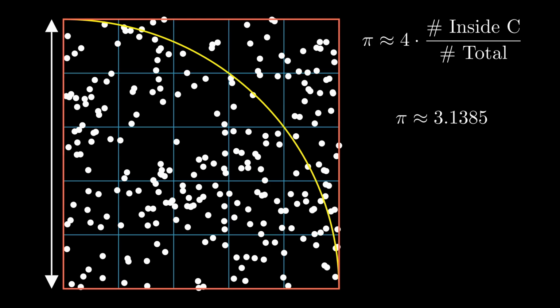And who would have thought the percentage error of our final estimate of pi is under 1%. Just imagine how accurate it could be if we used 10 times more points.